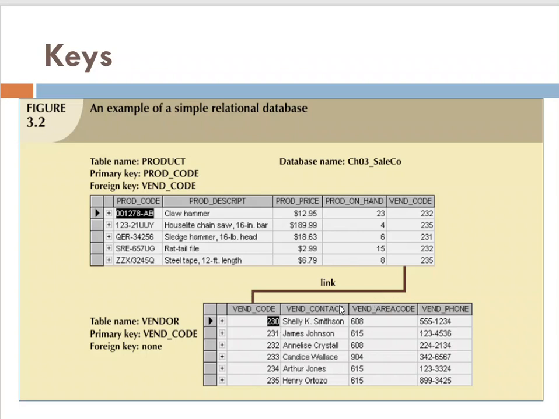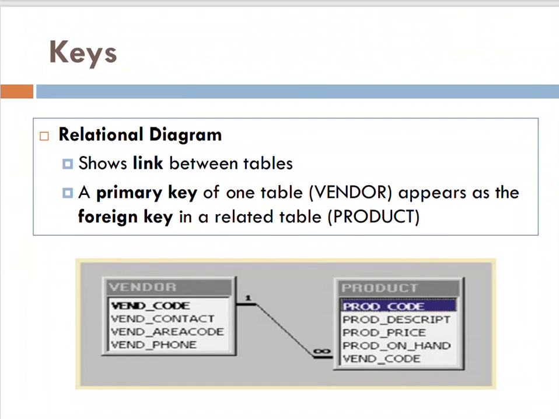And then we know that one vendor can produce two different product codes. One vendor code can refer to two product codes, but one product code is only produced by one vendor. So that's how you get this relationship.